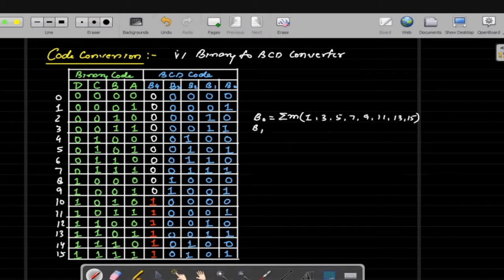B1 can be written as sigma m, 2, 3, 6, 7, 10, 11, 14, 15.